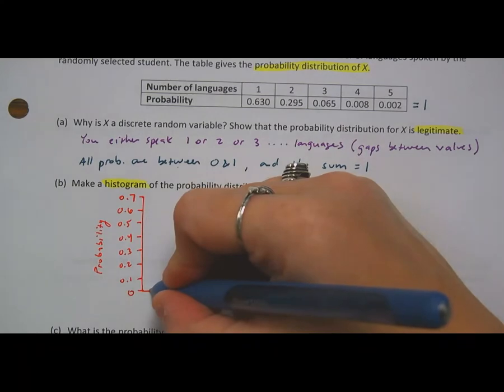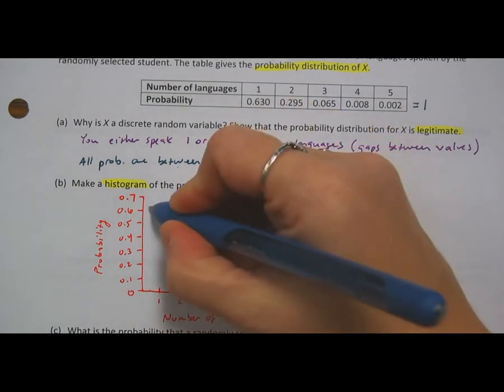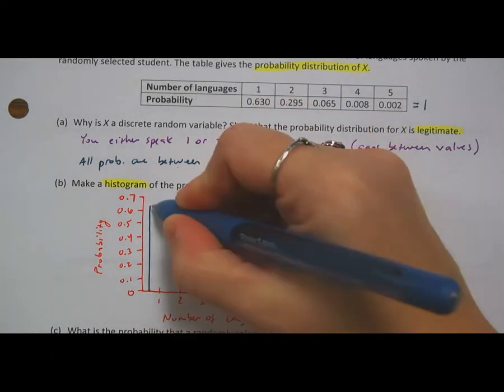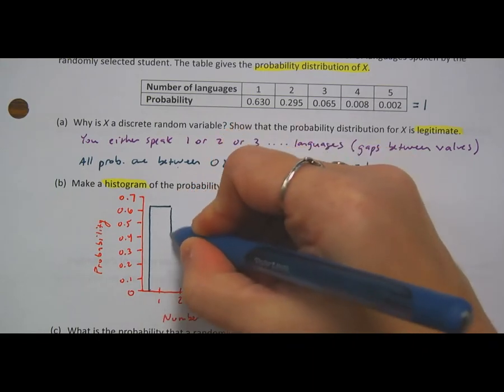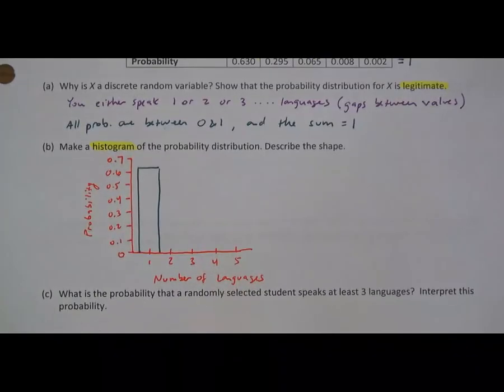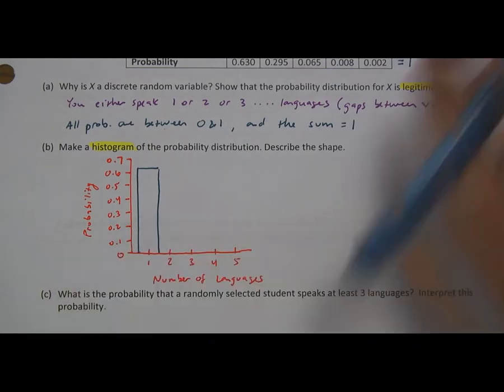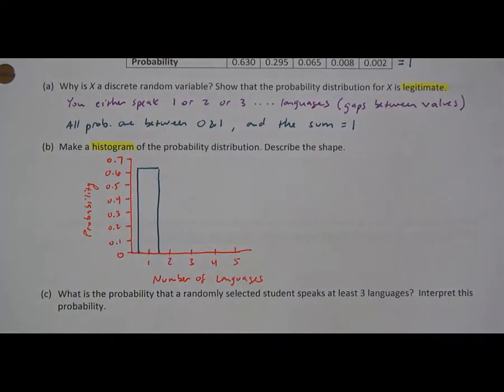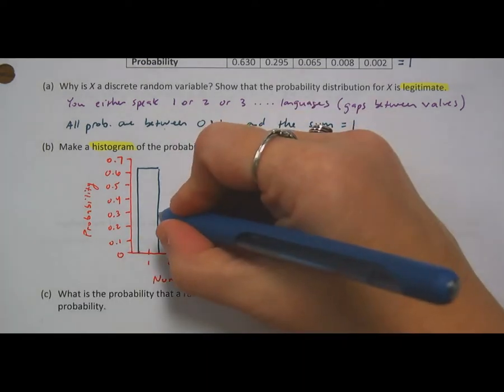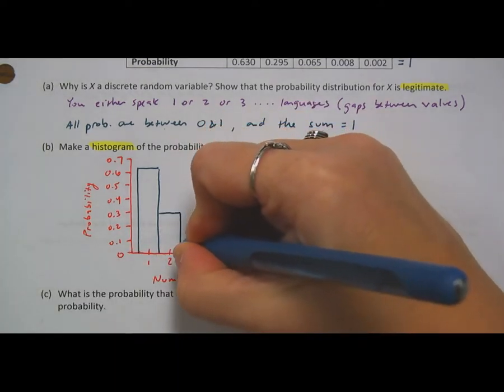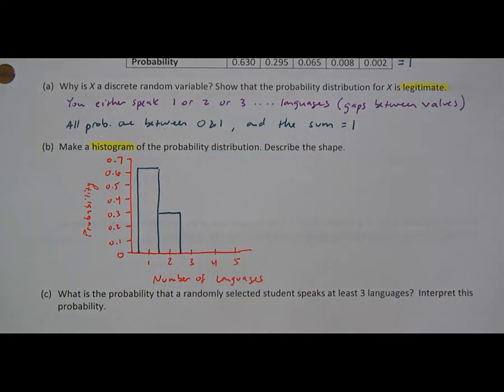Histograms typically show a range of values, but because these are discrete, this single bar right here shows the probability for a student speaking exactly one language. Not like anywhere from 1 to 2, but exactly 1. So center it over the values. All right, the probability that I pick a student at random and they speak 2 languages is about 0.3, almost 0.3. 3 languages is 0.07.